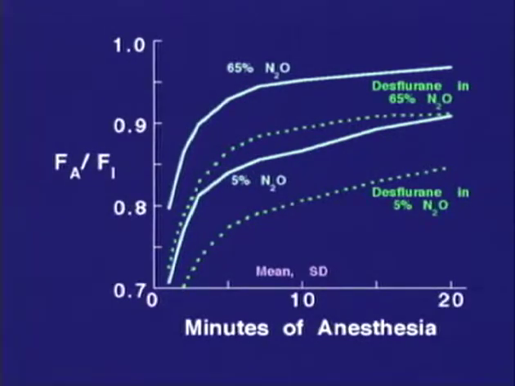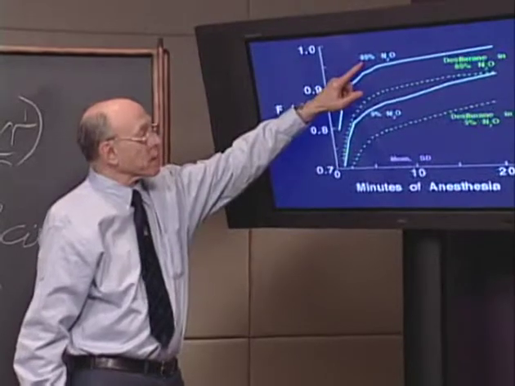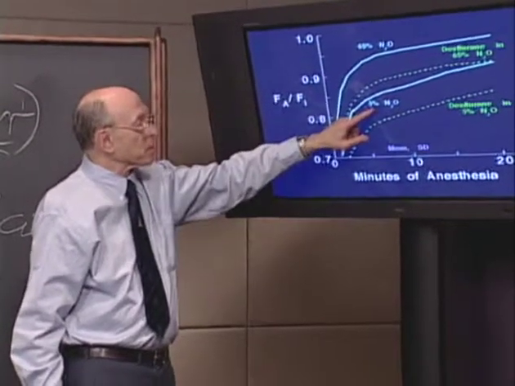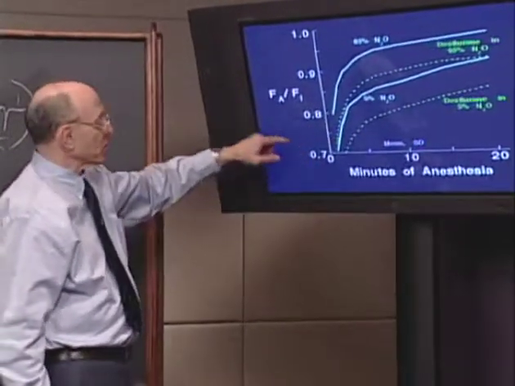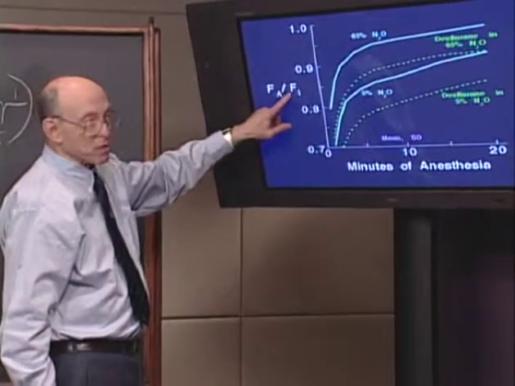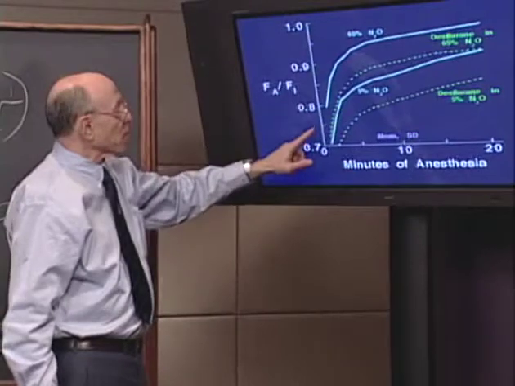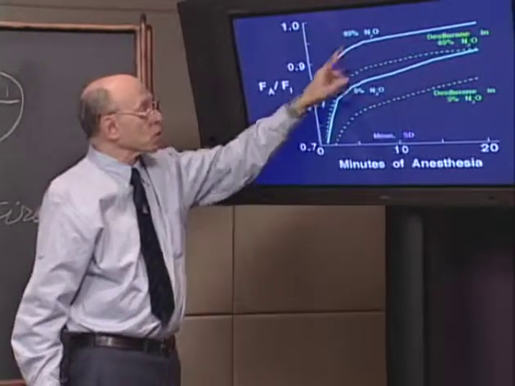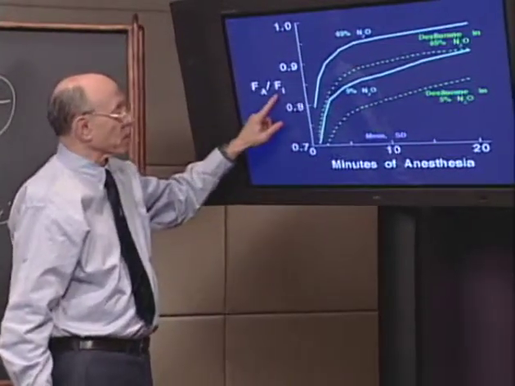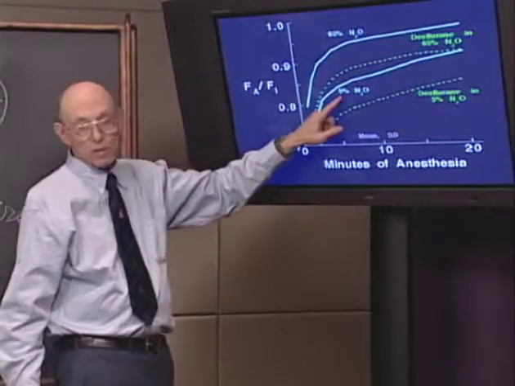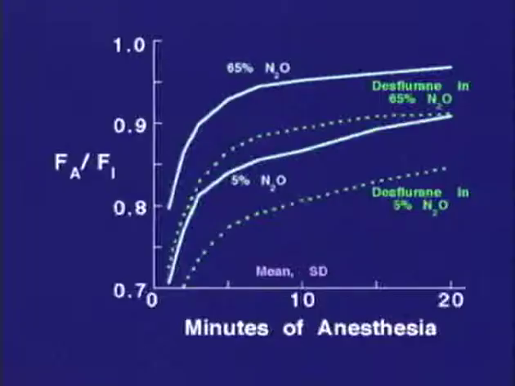This is an experiment in which either 65% nitrous oxide or 5% nitrous oxide was given to patients, and the FA/FI ratio was measured. When 65% nitrous oxide was given, the rate of rise of the alveolar concentration towards the inspired concentration, the FA/FI ratio, was more rapid than when 5% was given. Desflurane, at about 4%, was given in both of these cases.